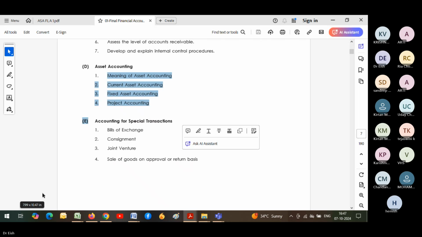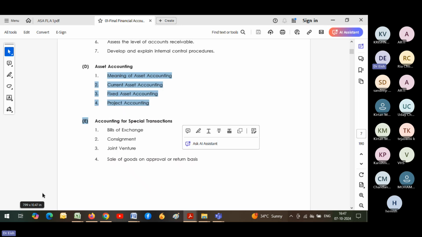What I do is I go to my bank, and the bank gives me 99% of the money. So I have to make a provision of 1% or 0.5% of the total sales.